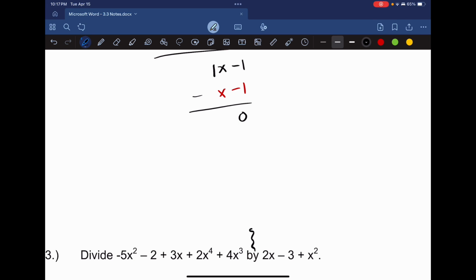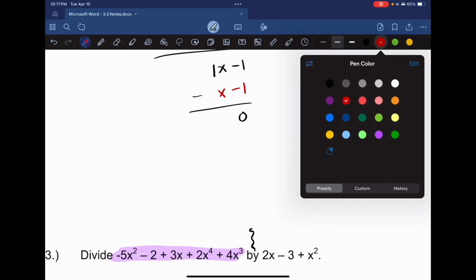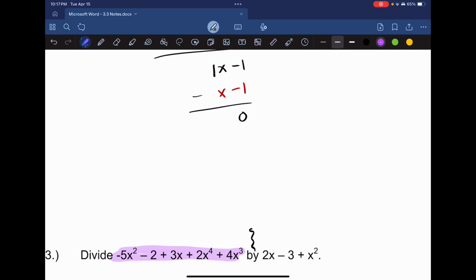So in other words, this one, let me highlight it. This one, we would need to rewrite, let me make this purple. My 2x fourth would be first, plus 4x cubed, minus 5x squared, plus 3x minus 2.